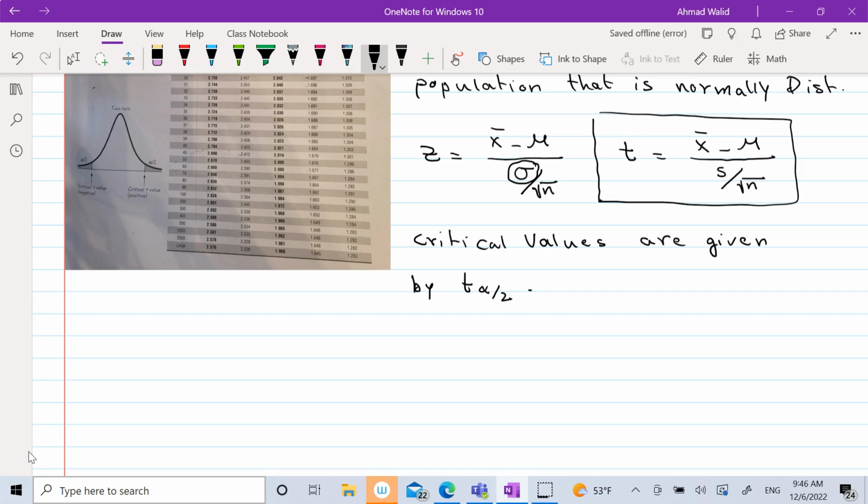One thing that is new here is what we call degrees of freedom. I will talk about what degrees of freedom is, and I'll explain what it actually means.